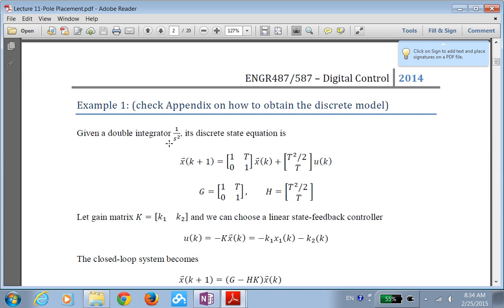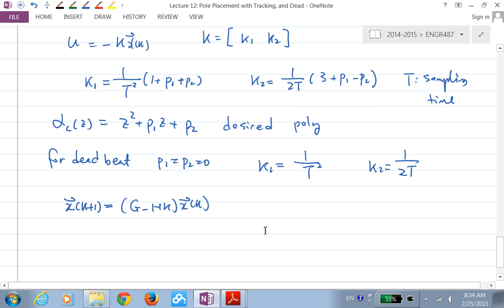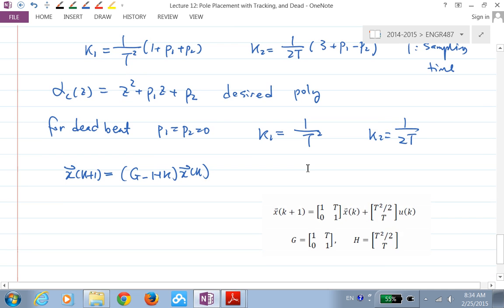And this is the G, H matrices after discretization. This is what you get. So now I have the K. The K matrix is 1 over T squared, 1 over 2T. And H is this. G is this.